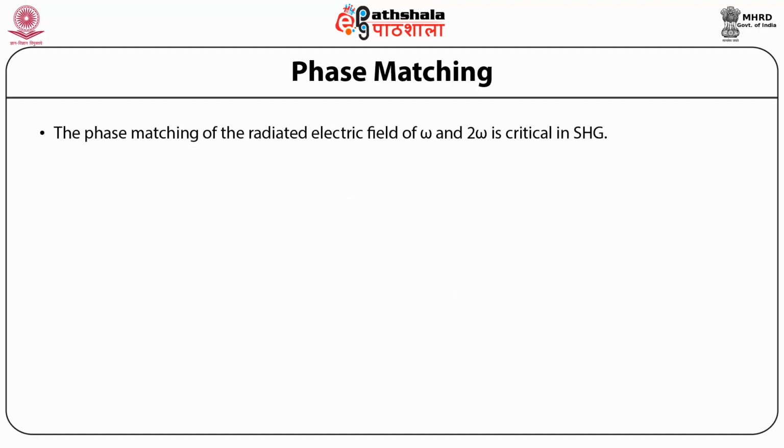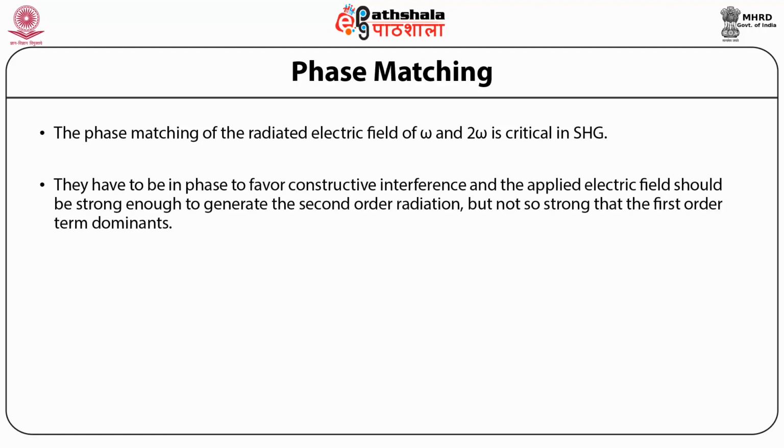Phase matching. The phase matching of the radiated electric field of frequency omega and omega 2 is critical in second harmonic generation. They have to be in phase to favor constructive interference, and the applied electric field should be strong enough to generate the second order radiation, but not so strong that the first order term dominates.